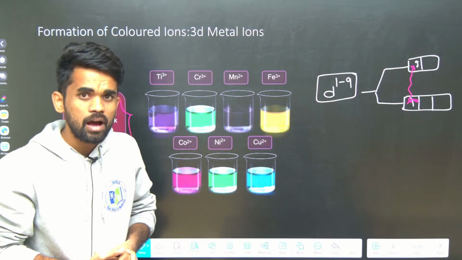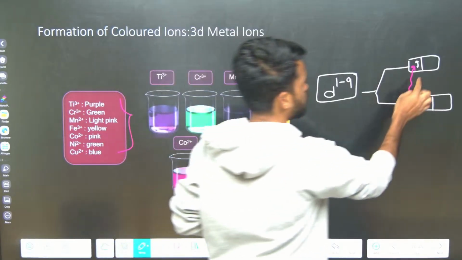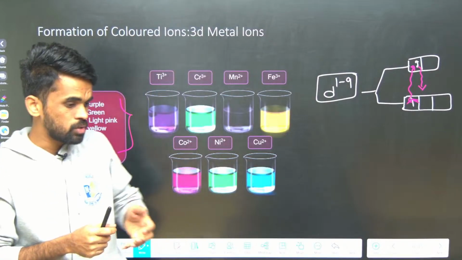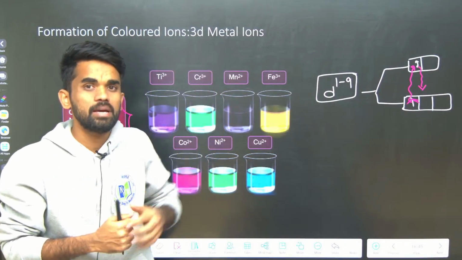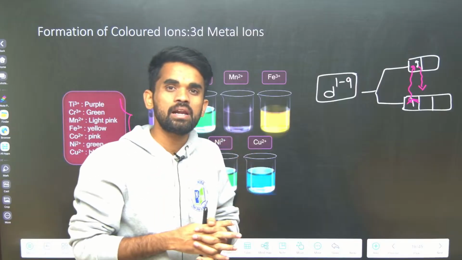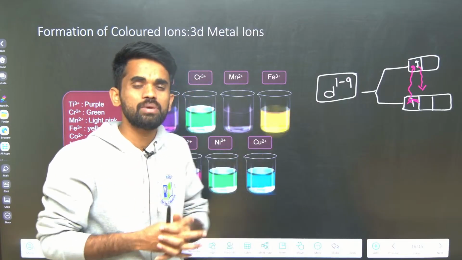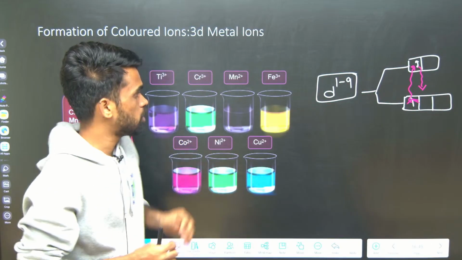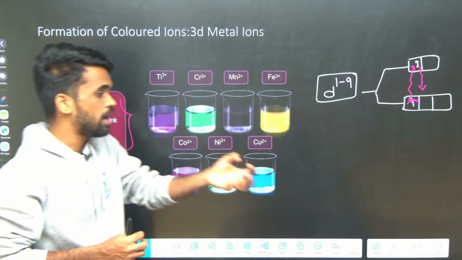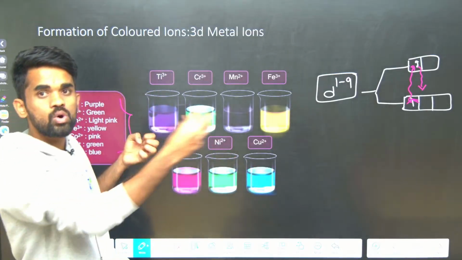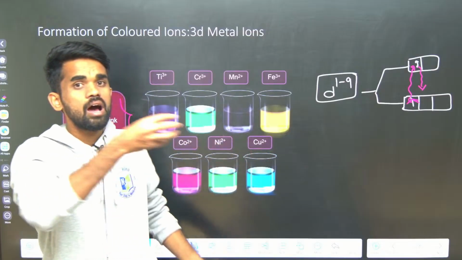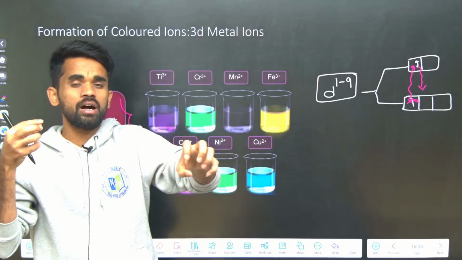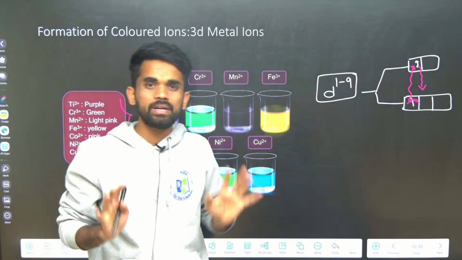The electron may come back down to its original ground state. This absorbed energy and emitted energy fall into the visible region only, so definitely we will have some color. Always remember, if it absorbs a higher wavelength, it will emit a lower wavelength. It means if it absorbs high energy light, it will emit low energy light, like the absorption spectrum and emission spectrum being complementary to each other.